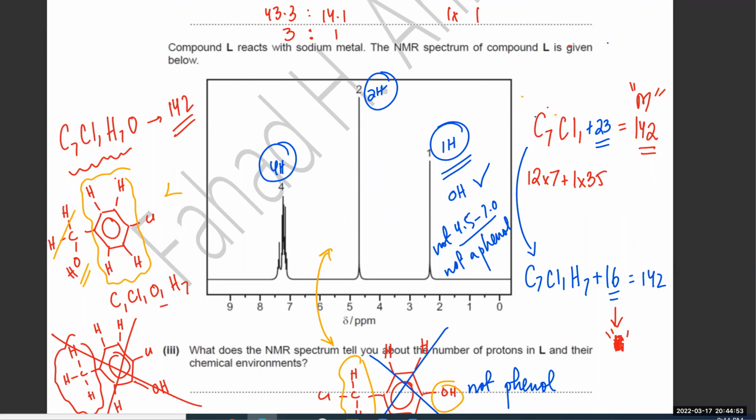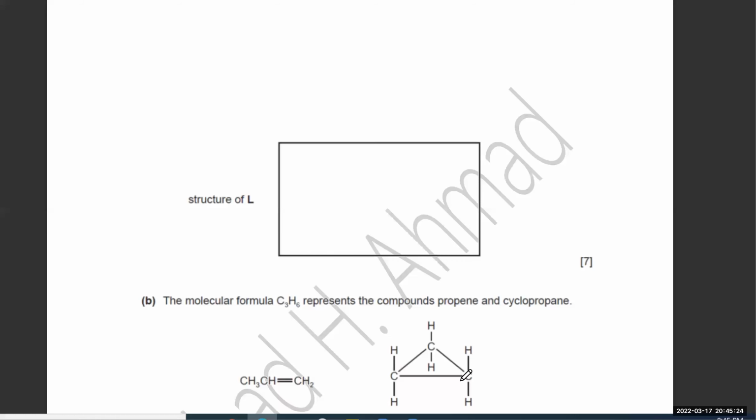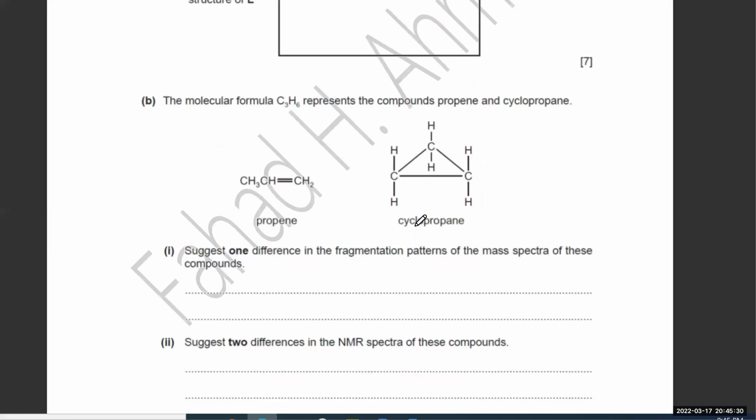Yes, sir. Okay, the next one is you have to draw the structure. It's a 7-mark question, so you have to explain everything. So moving to the next part, you can check the mark scheme as well, how this is answered.